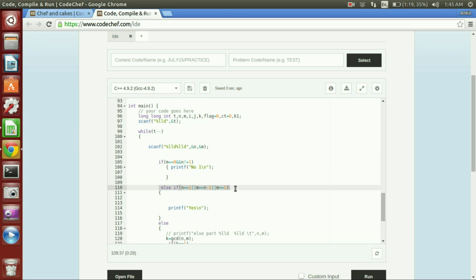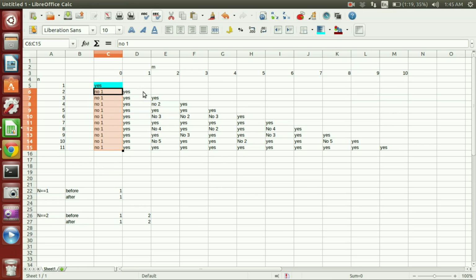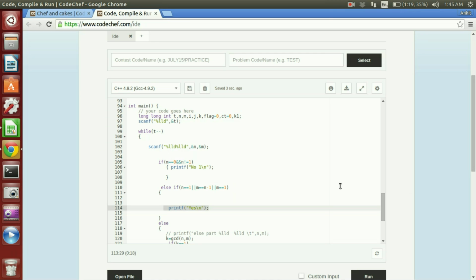And for the cases where n equal to 1, m equal to n minus 1, or m equal to 1, we are printing yes. Those were the trivial cases, that is this, and the diagonal elements, that is this part.